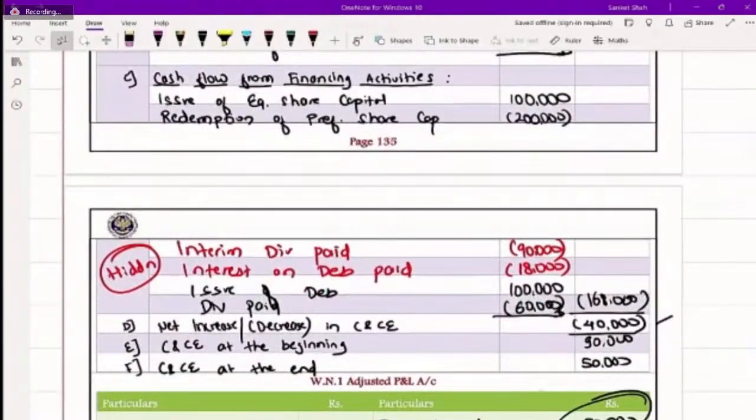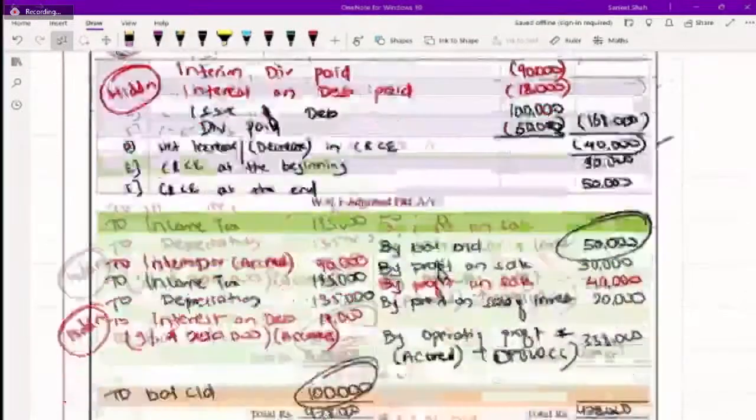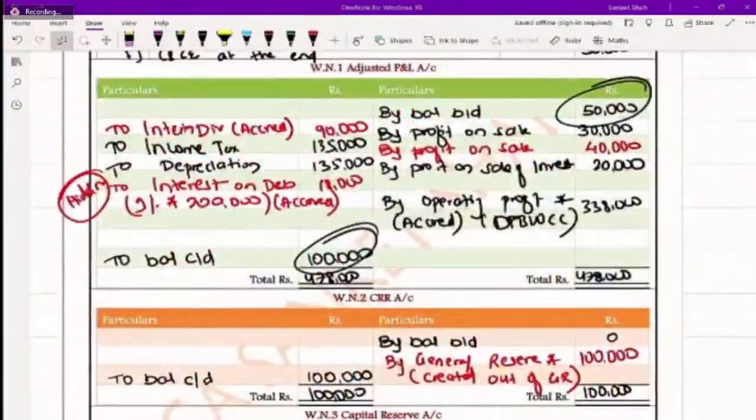Cash flow from financing activity. Yes, consider it, beta. Adjusted P&L, CRR. But the only reason for not matching speed is that your basics are not yet clear.